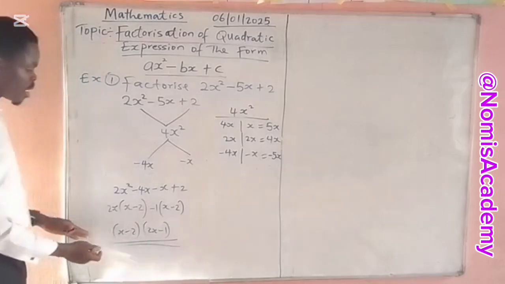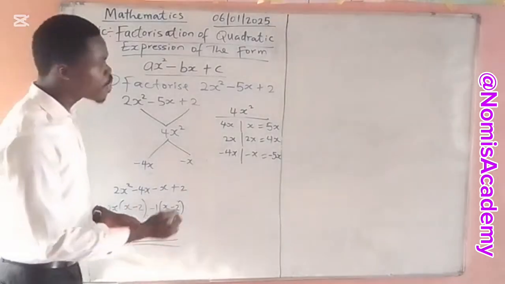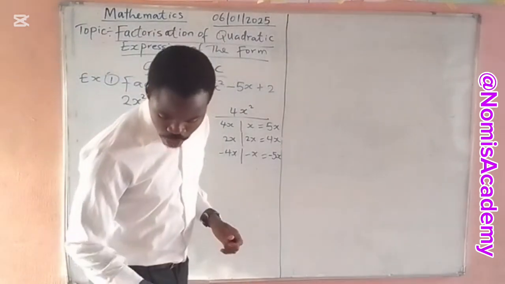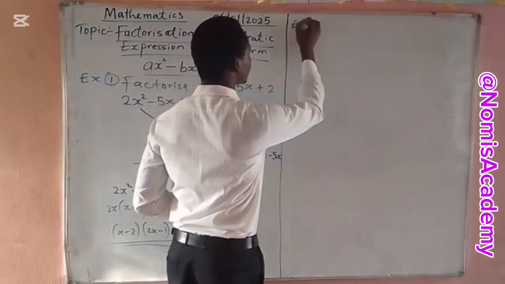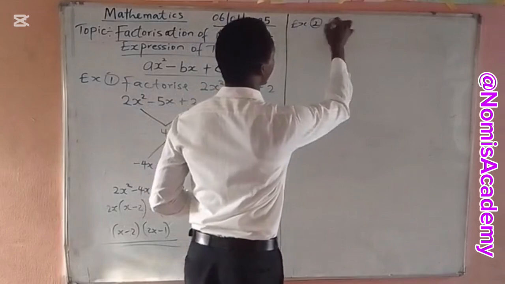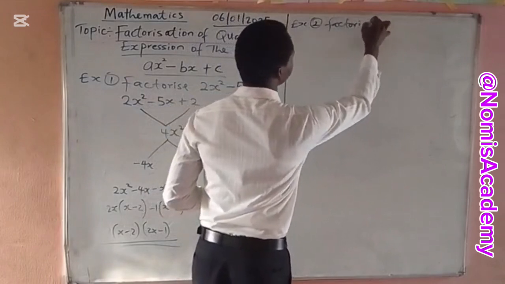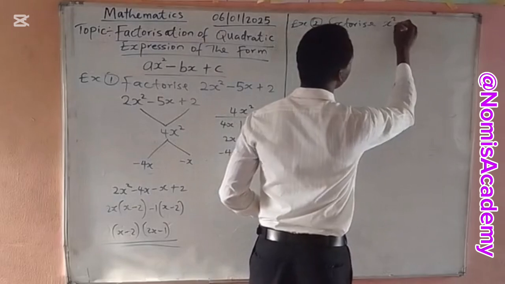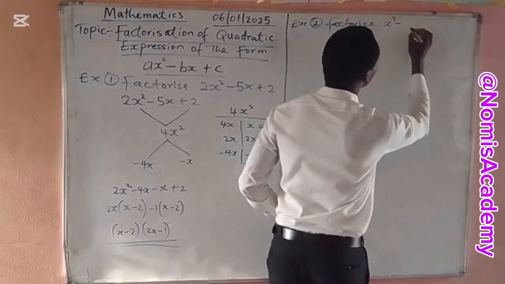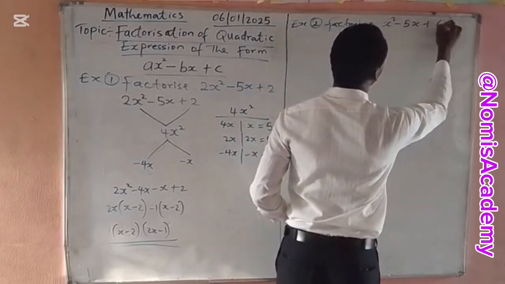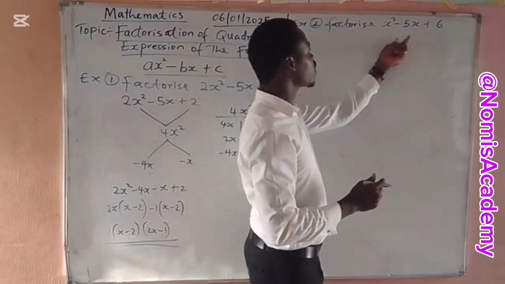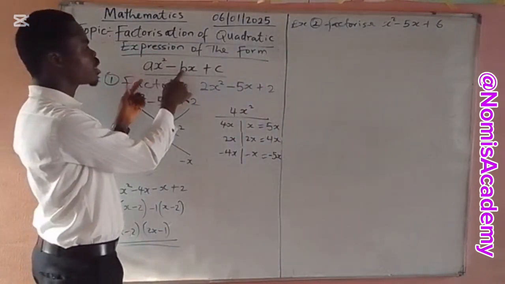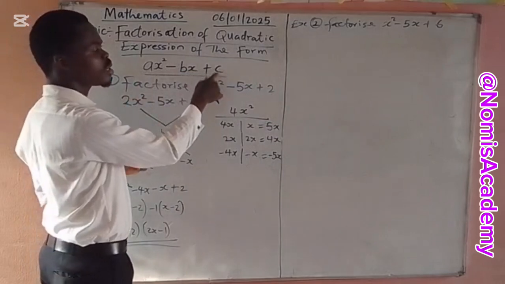Alright, let's check another example before I round up this topic. Alright, we would like to solve example 2. Factorize x squared minus 5x plus 6. You can see that this example is in the form ax squared minus bx plus c.